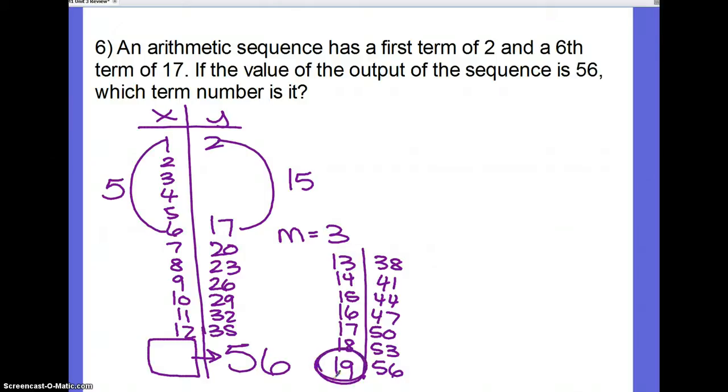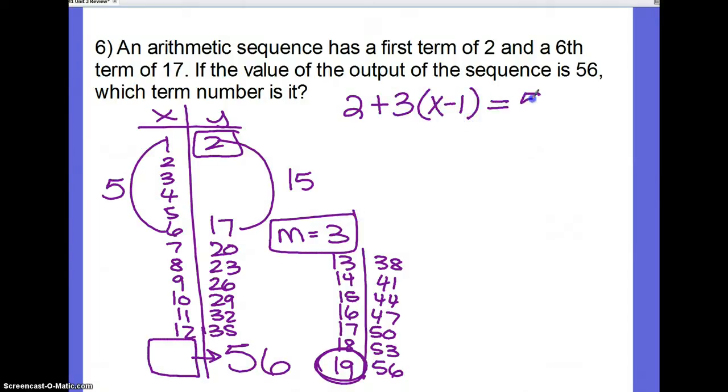This is not the only way that you can do this problem. If we know the first number is 2, then we know 2 plus, we know it was adding 3, 2 plus 3 times x minus 1. We could set that equal to 56 and actually solve this for x like we would a regular equation. So if I distribute the 3, 2 plus 3x minus 3, and then combine the like terms, 3x minus 1.